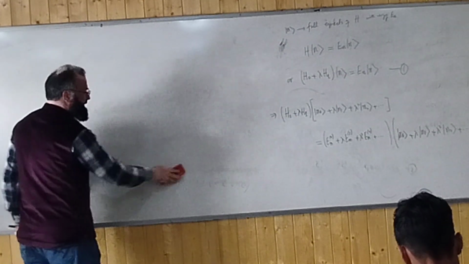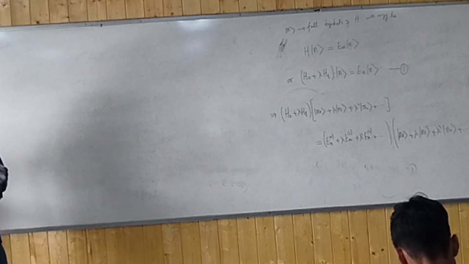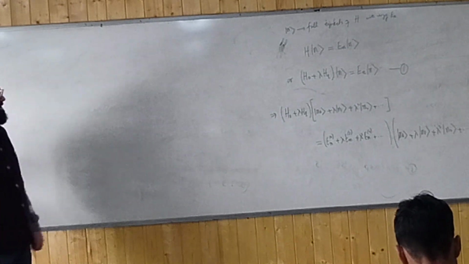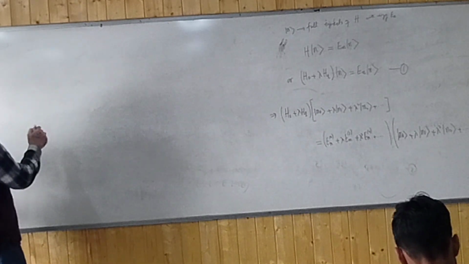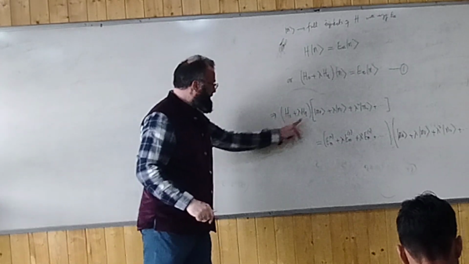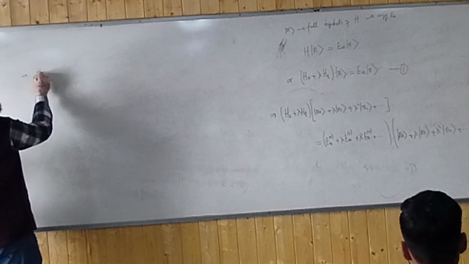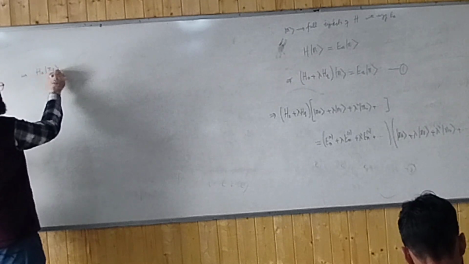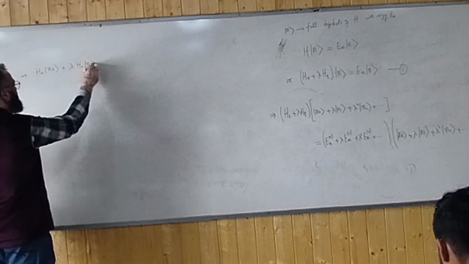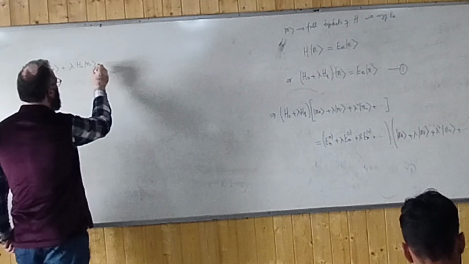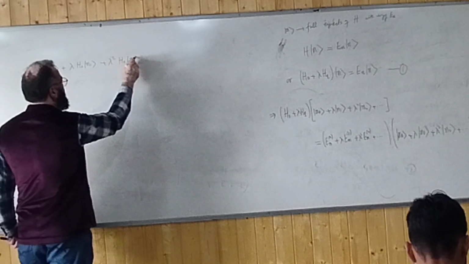The second step is to separate the equations at different orders, the way we have done. Let's act this on this very object. H0 acts on |n0> plus lambda H0 acting on |n1>, then lambda square H0 acting on |n2>.